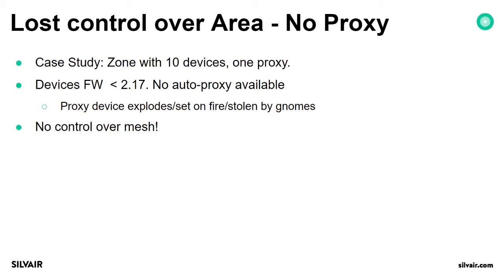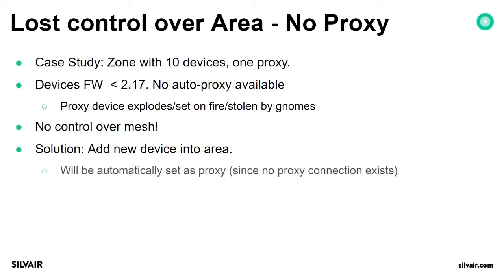The proxy device maybe was broken or stolen, and you don't have any control over the mesh. You are on site with your tablet or phone, and you cannot connect to the area.